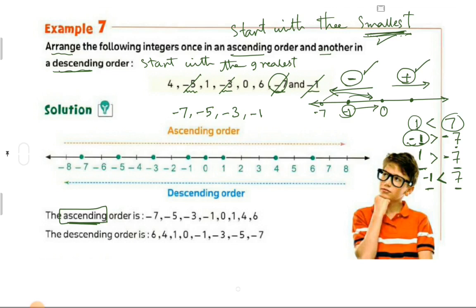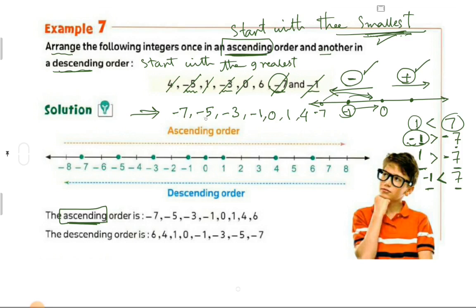Let's see the rest of the numbers. We have 4, 1, 0, 6. Of course, the smallest one is 0. Next, 1. Next, 4. This arrangement is ascending. We start with the smallest integer. See, the smallest one, negative 7, is so far from 0 to the left.